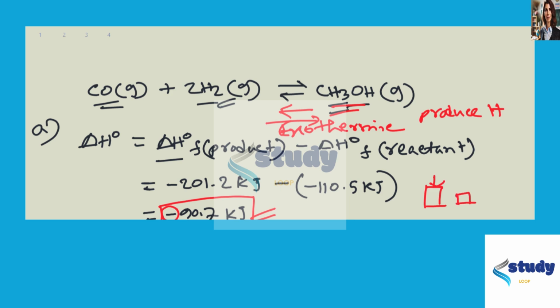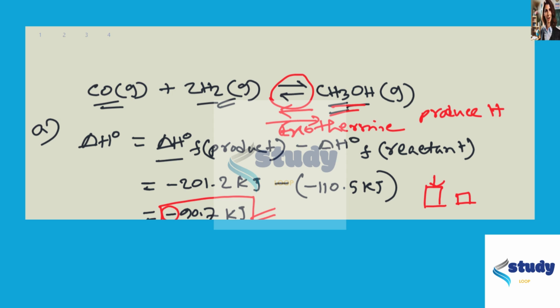That means when you apply pressure, the volume is decreased, and in that case, the equilibrium will go toward the side where it has a lower number of molecules. In case of high pressure, the equilibrium will go that way.